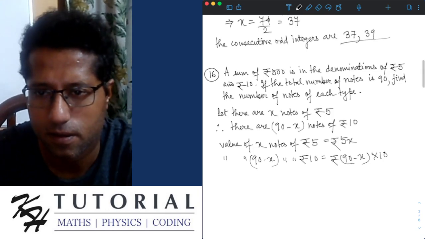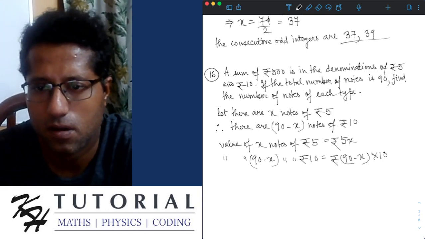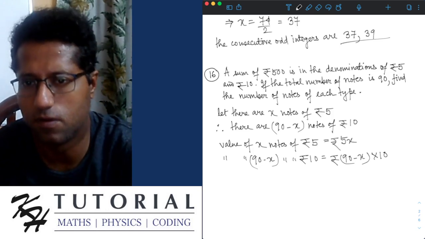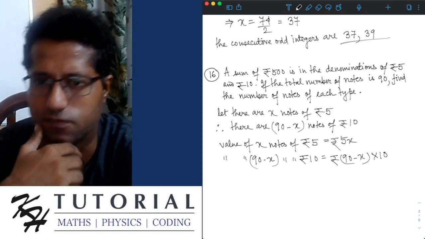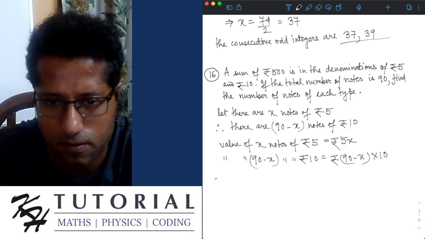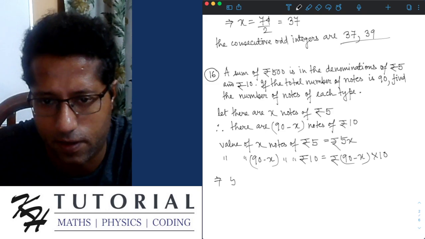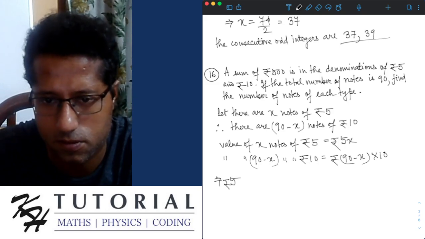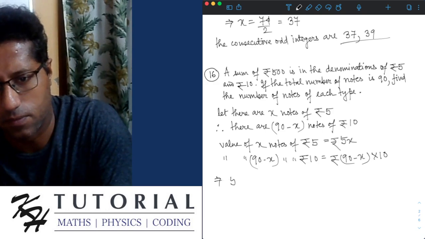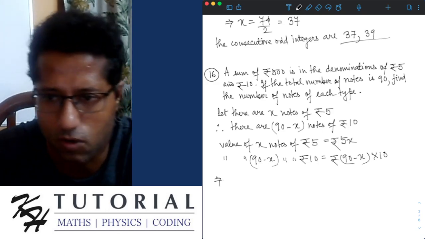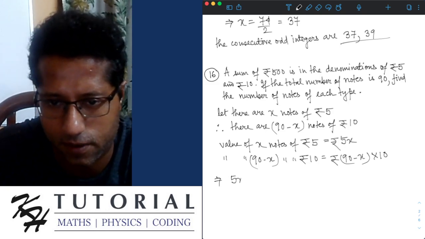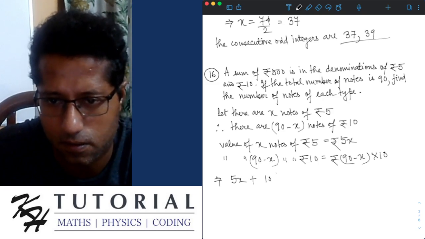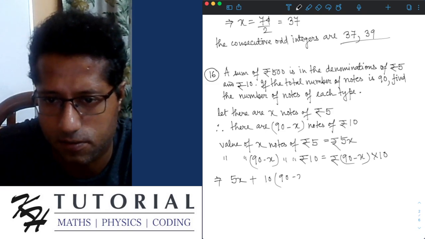Now clearly, since it is given that the sum of the X number of notes of rupees 5 and the sum of 90 minus X notes of rupees 10 is 500, we can say that 5x rupees, if I'm omitting the rupees symbol, I hope it will be understood that we are dealing with rupees. So this implies that 5x plus 10 into 90 minus X equals 500.